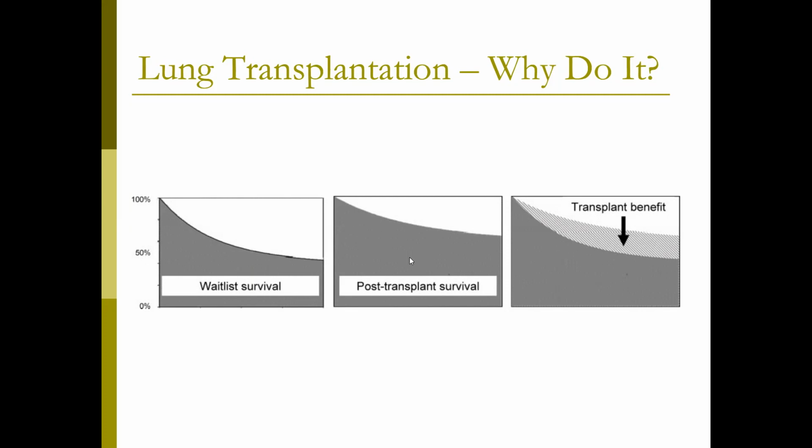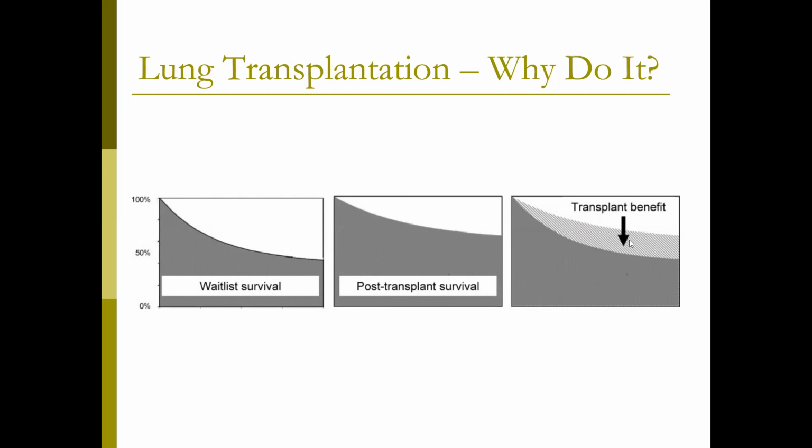The idea of transplantation is here in the middle part: once we transplant these individuals, their survival will be better and their survival curve will be less steep, and more of them will make it out 5, 10 years after the transplant.